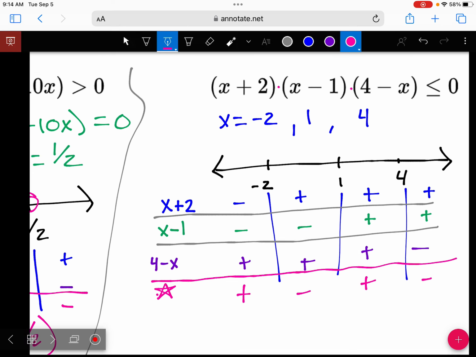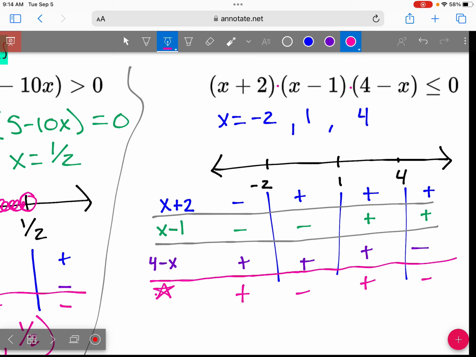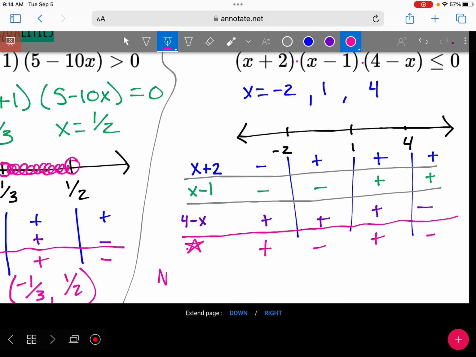So then we look back at our original equation. Do we want it to be positive or do we want it to be negative? Less than or equal to 0? Negative. We want it to be negative. So we need it to be negative. Are our zeros included? Can it equal 0?